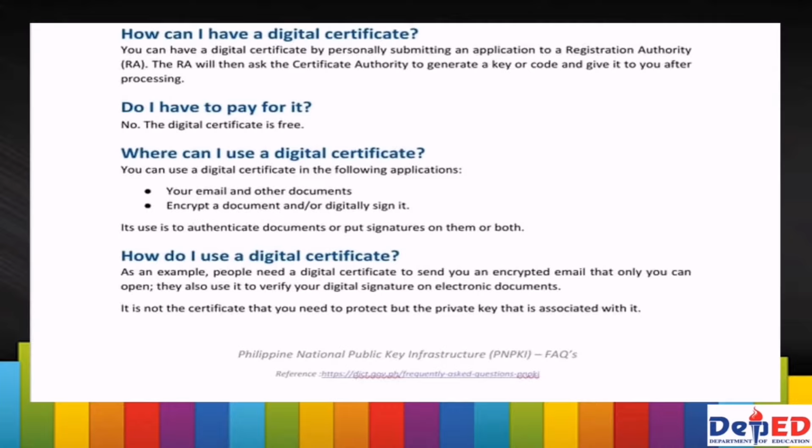You can have a digital certificate by personally submitting an application to a Registration Authority, or RA. The RA will then ask the certificate authority to generate a key or code and give it to you after processing. And the next question, do I have to pay for it? The answer is no. The digital certificate is free.